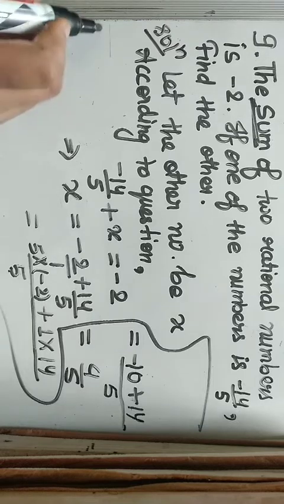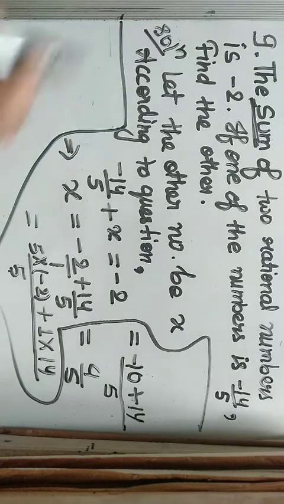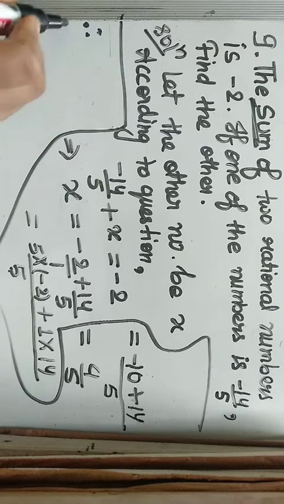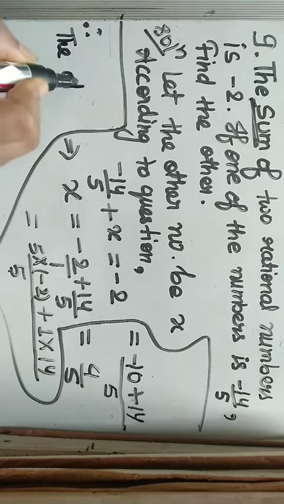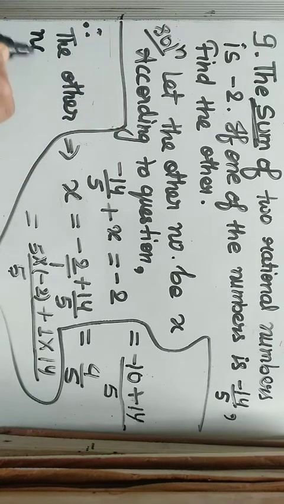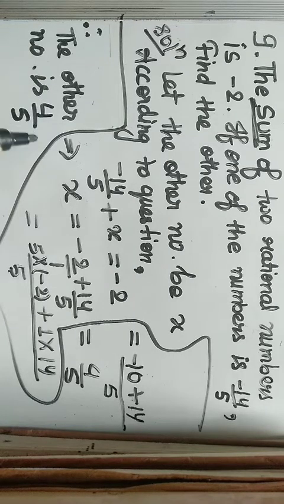Therefore, the other number is 4 by 5. This is our answer. I hope all of you understood how to solve this question, and you can solve question number 10 also by the same process.